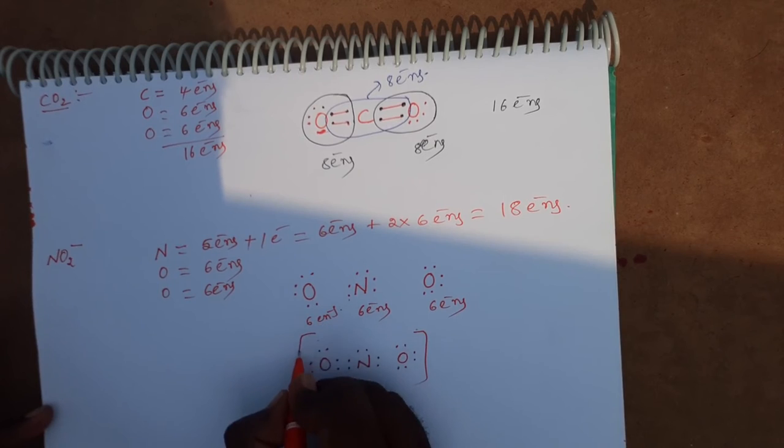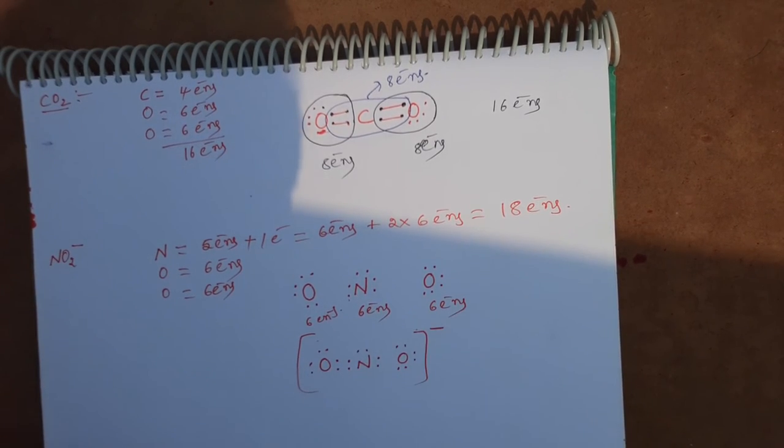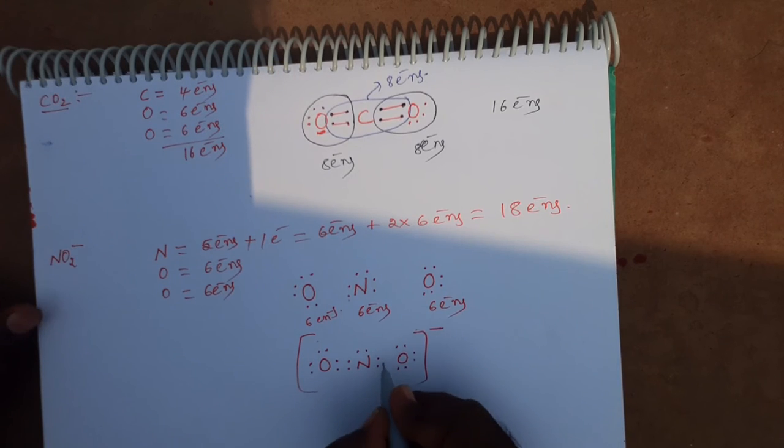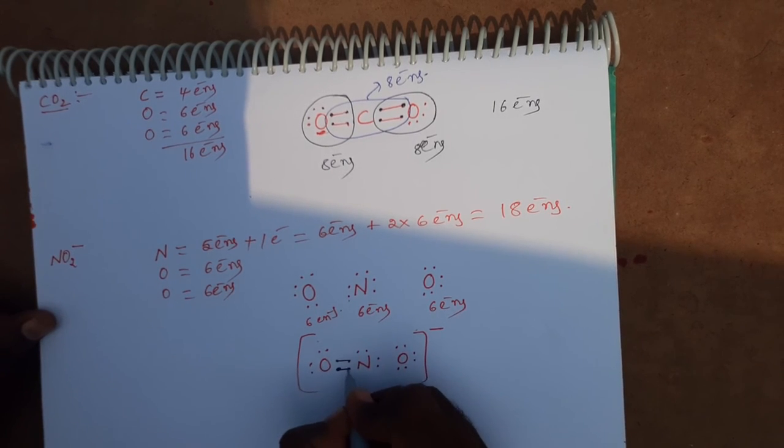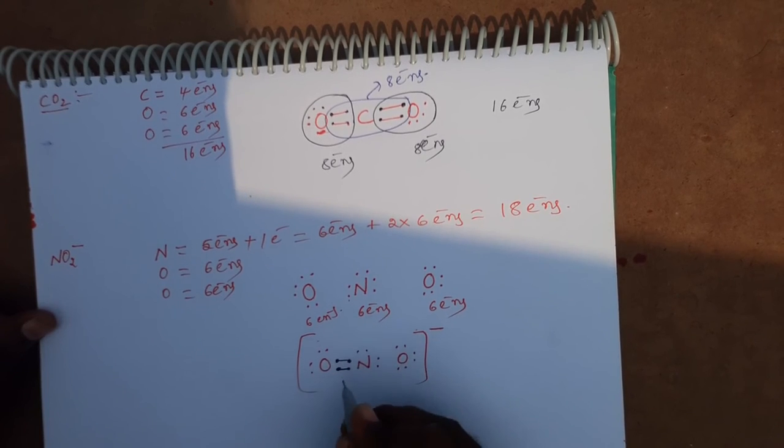See children, here we can observe one bond, 2 bonds between the first oxygen and nitrogen.